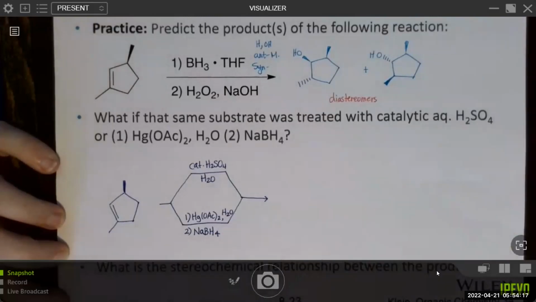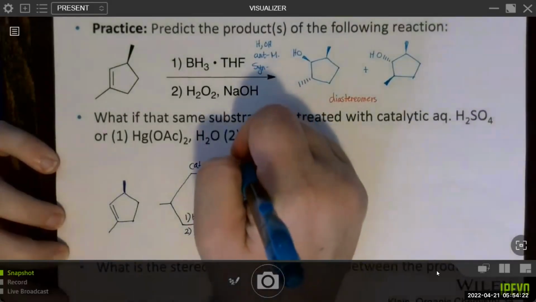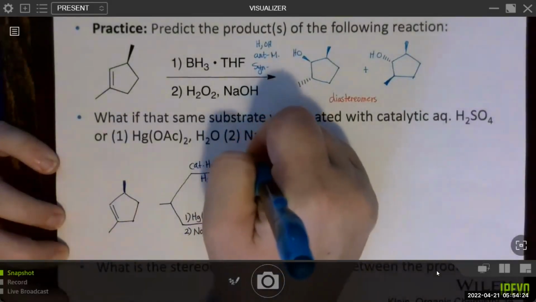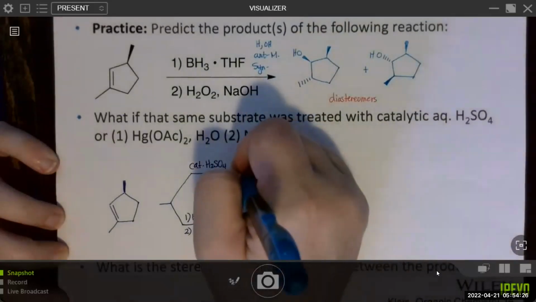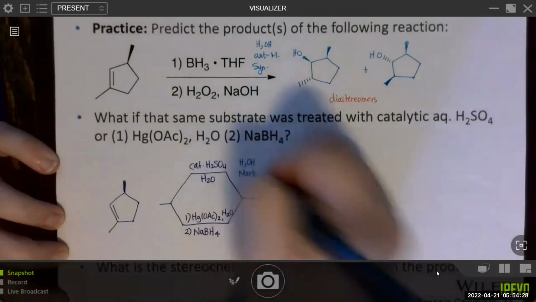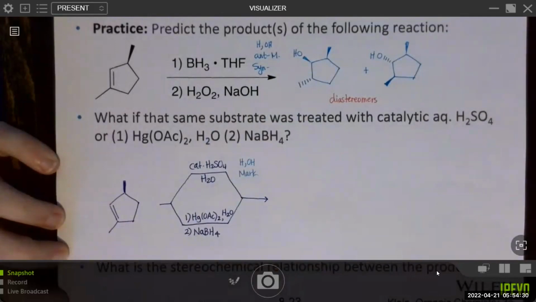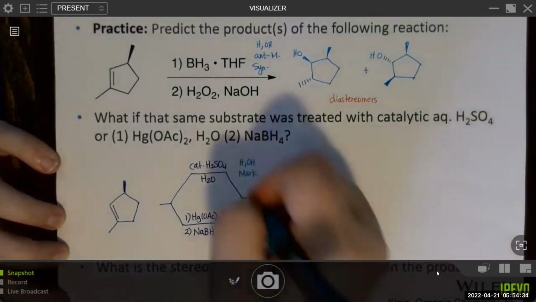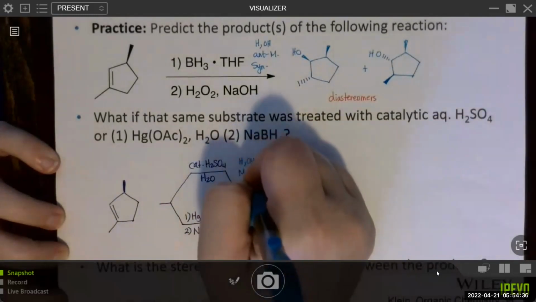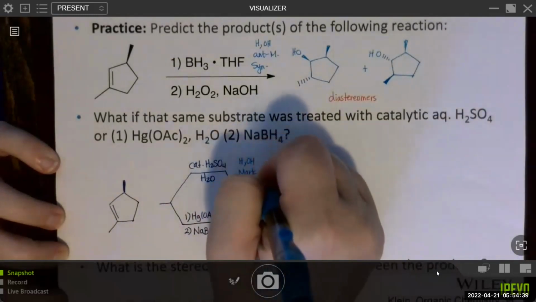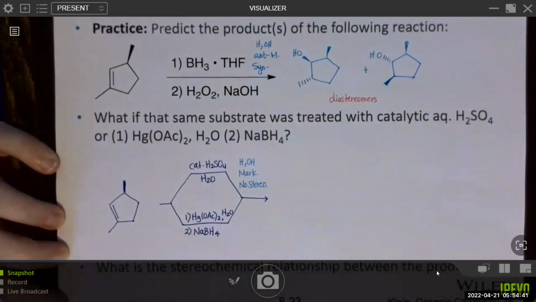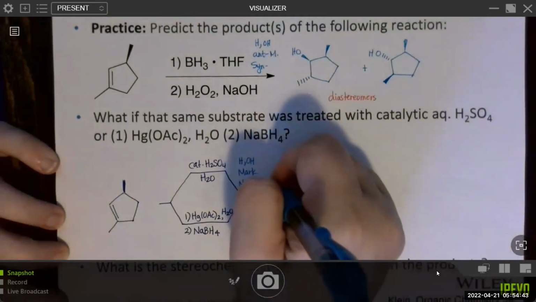And then again, we're going to ask ourselves, what's getting added across the double bond? Well, it's still a hydration, so H and OH. This one goes through Markovnikov regioselectivity, and there is no stereoselectivity. So in either one of these cases, there's no stereoselectivity. I should write this.